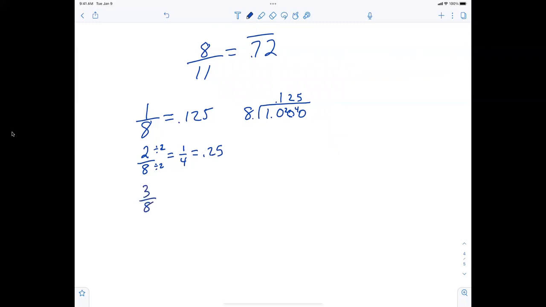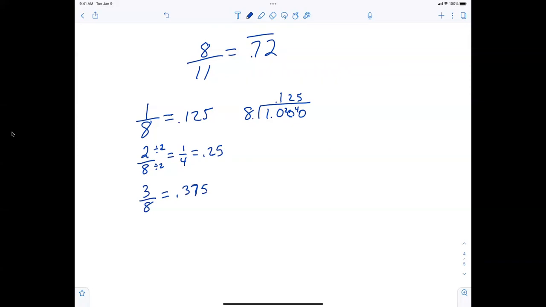3/8. How did I know 3/8 was 0.375? Because I expect everybody here to know that 3/8 is 0.375.